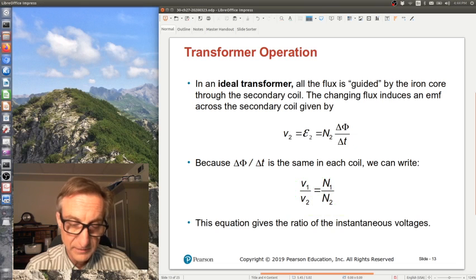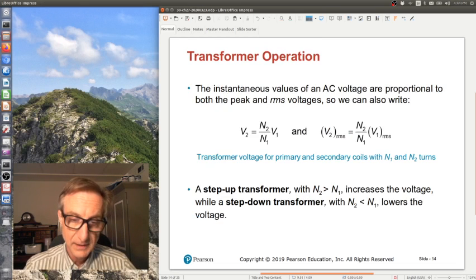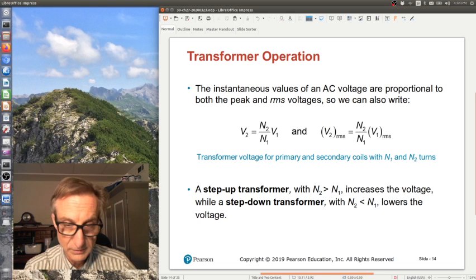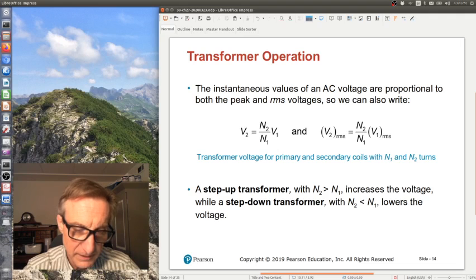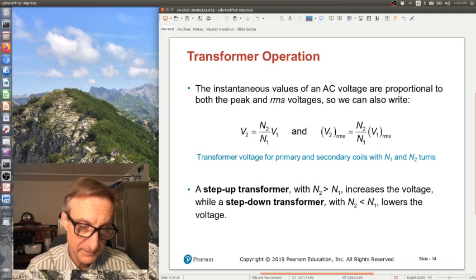This equation gives the ratio of the instantaneous voltages. Let's think about this for a moment. The instantaneous values of an AC voltage are proportional to both the peak and the RMS voltages. So we can write the peak voltage V2 is equal to the peak voltage V1 times the ratio N2 over N1.